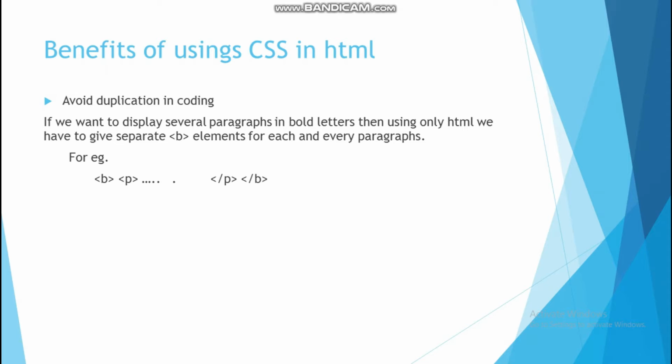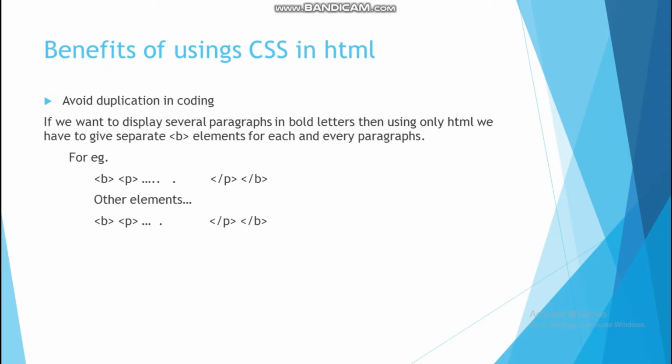So if you want to write this paragraph in bold format, then you have to use B tag here. So the entire paragraph is written in between B and slash B tag. Now suppose other elements are there, then again there is a paragraph. So again we need to use B tag here. So this is known as duplication of coding. For each and every P tag we have to use B tag separately.